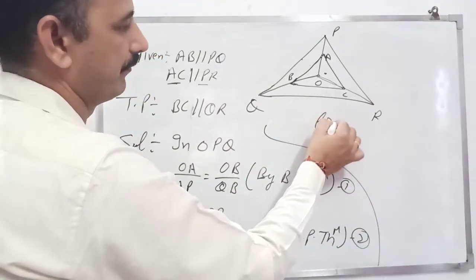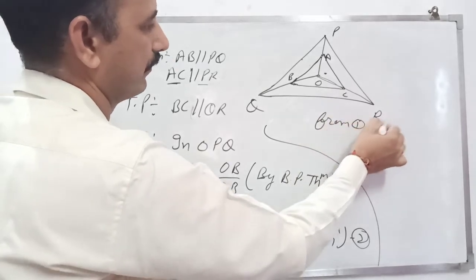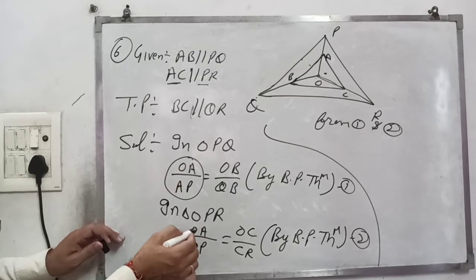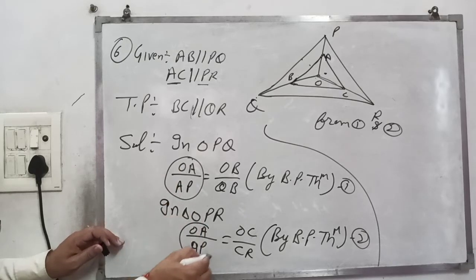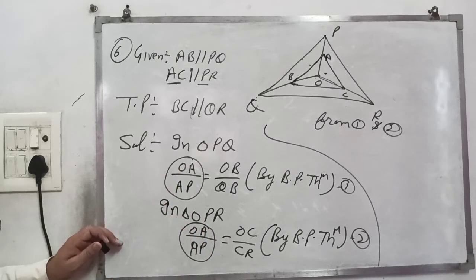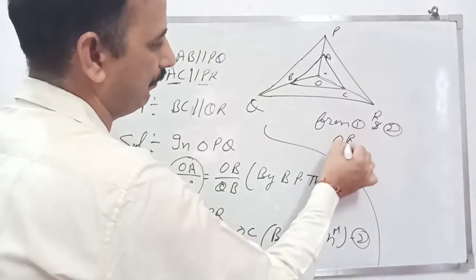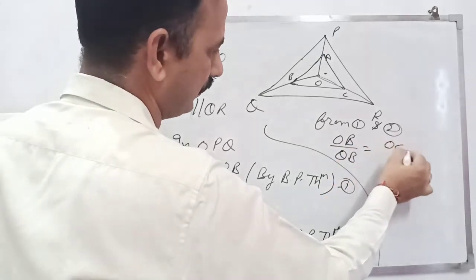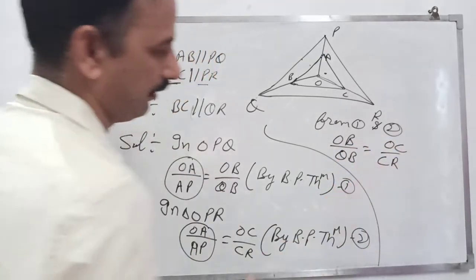From 1 and 2, OA upon AP is the same in both, so it means OB upon QB is equal to OC upon CR, right?